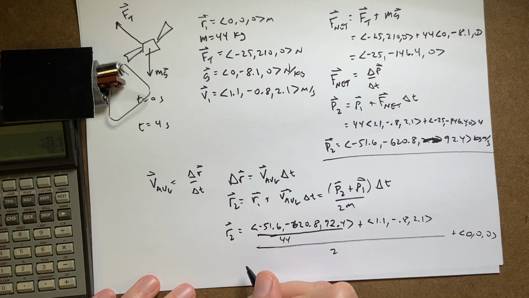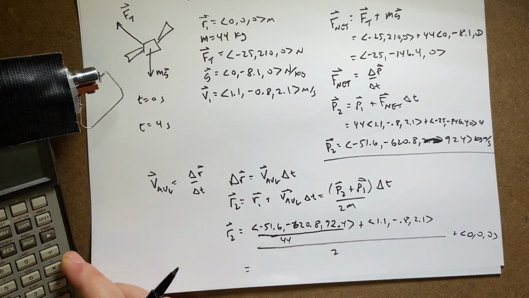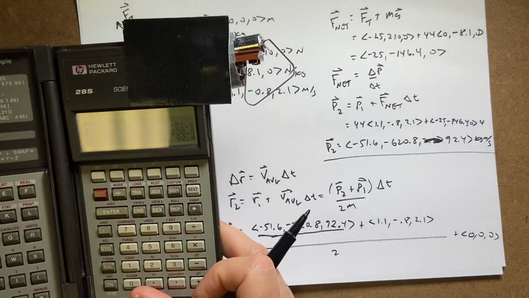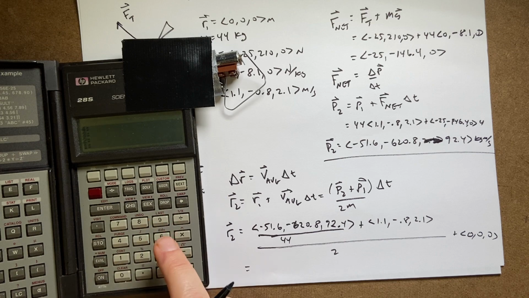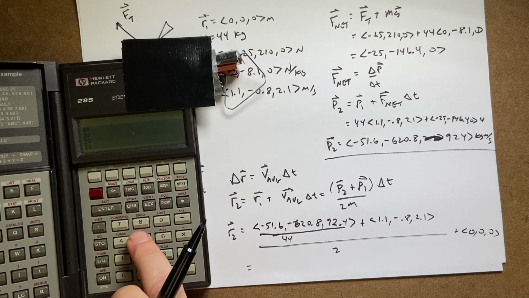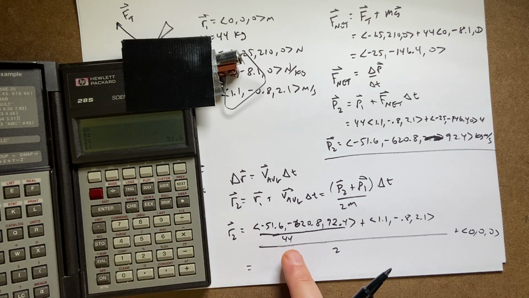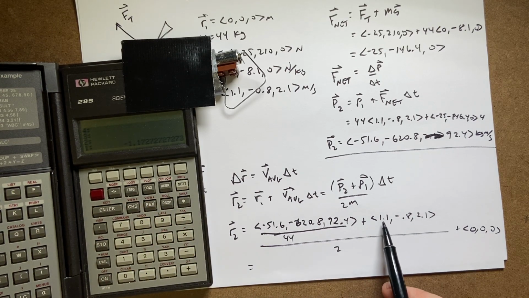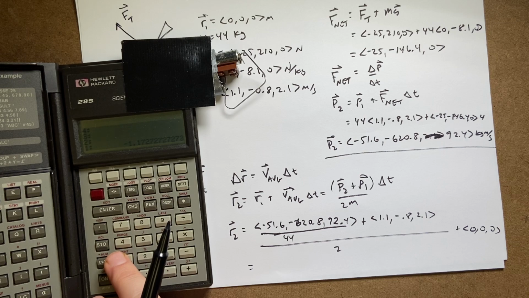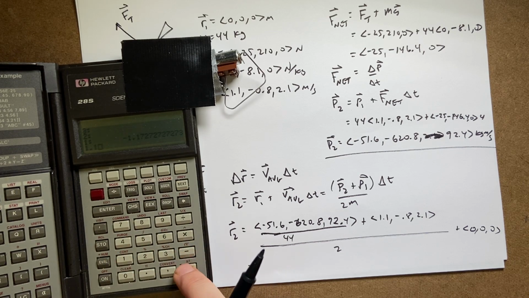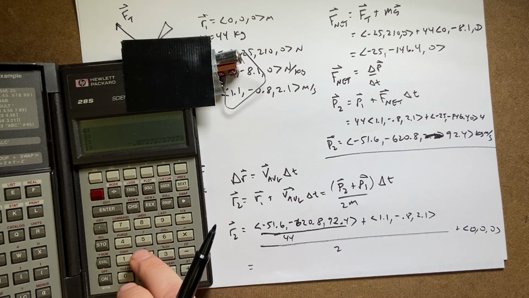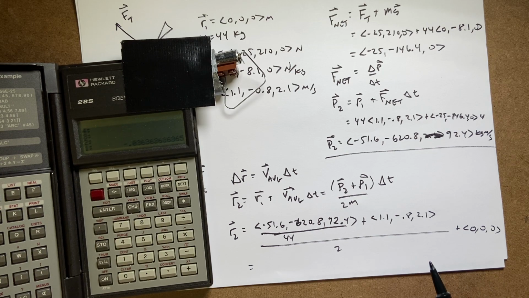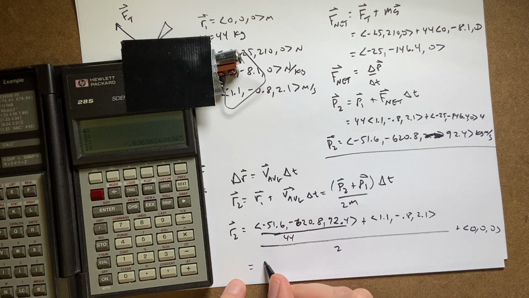Okay, so let's put that in our calculator. Let's do this x first. So I have 51.6, enter, 44 divided by, change sign. That's that. And then I'm going to add the 1.1, and then I'm going to divide by 2. And I get negative 0.036.